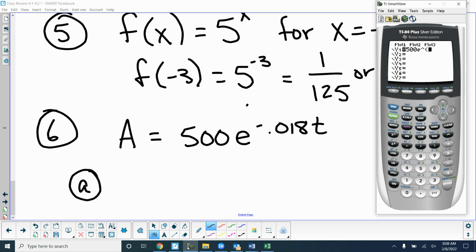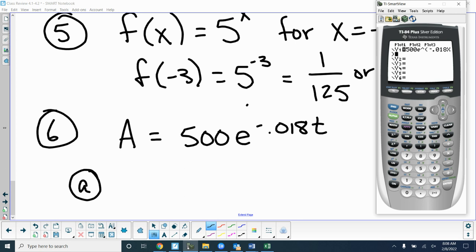Second natural log, right? ln. Negative signs down here, 0.018. And we don't have a t, we'll use x. And then I have to close it up with a parenthesis. If you have a newer calculator, it shows it like that, like you're not used to seeing as an exponent. So you don't have to put the parentheses around it.